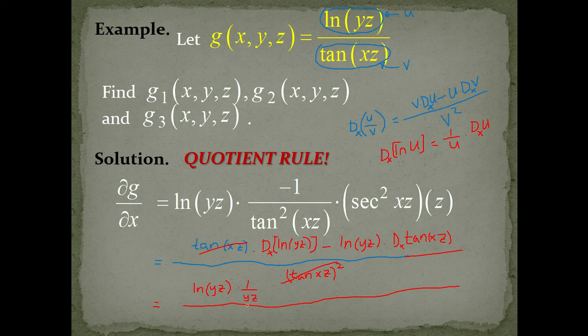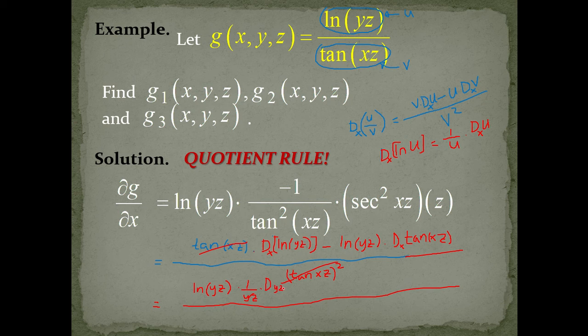What will happen with the derivative of u, which is yz?